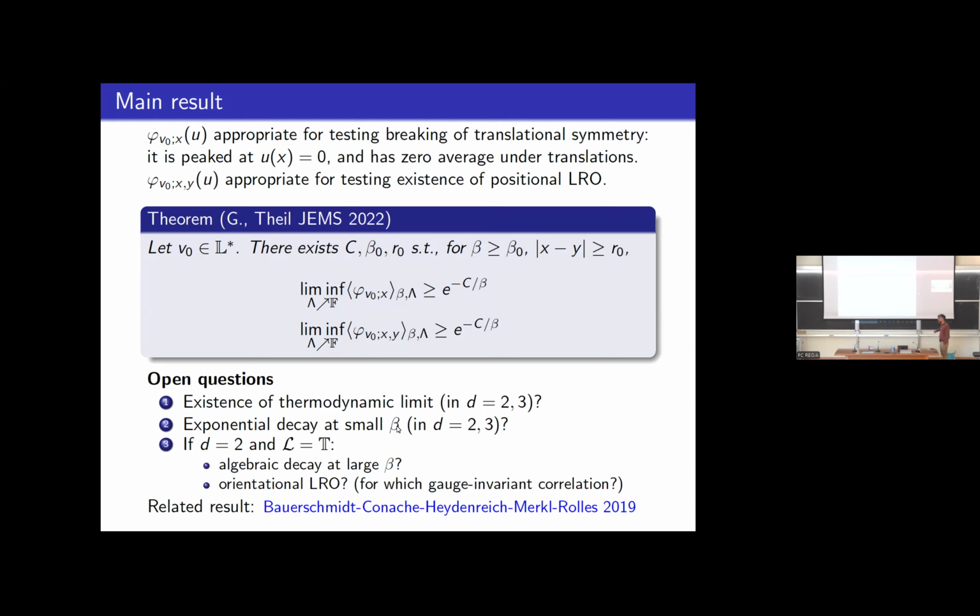The Villain model replaces the cosine interaction in the standard rotator model with a sum over images of Gaussian interactions. This simplifies the analysis technically and guarantees an exact decomposition between the spin wave degrees of freedom and the vortex degrees of freedom. So this Arisa-Ortiz model is somewhat the analog of that model in our context.